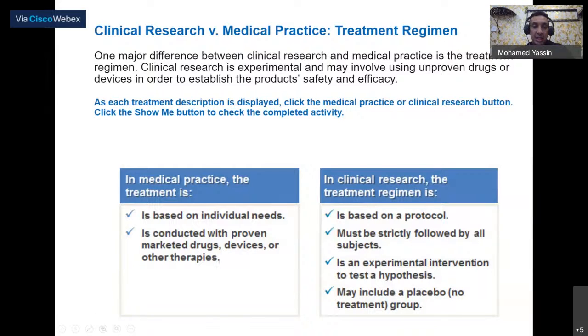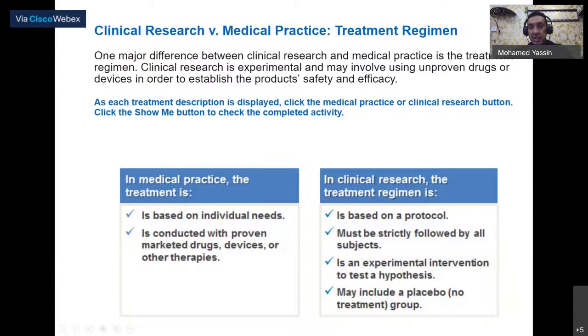As you know, in clinical practice, we are always referring to evidence-based medicine, and we are looking at the levels of evidence, and we are using approved marketed drugs or devices. Usually, we refrain from using off-label therapies, and we don't use therapies which were not approved by approval agencies.